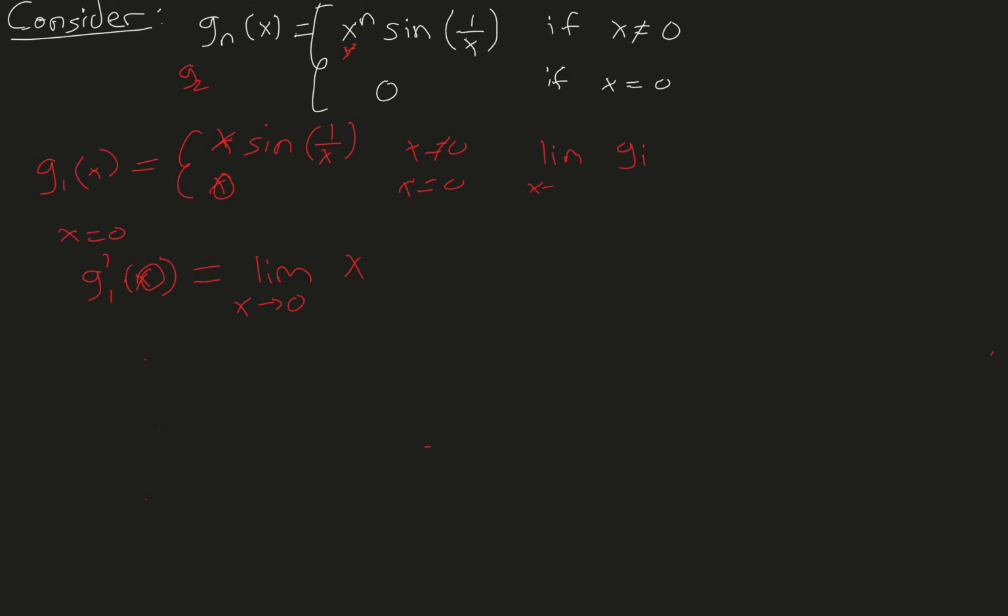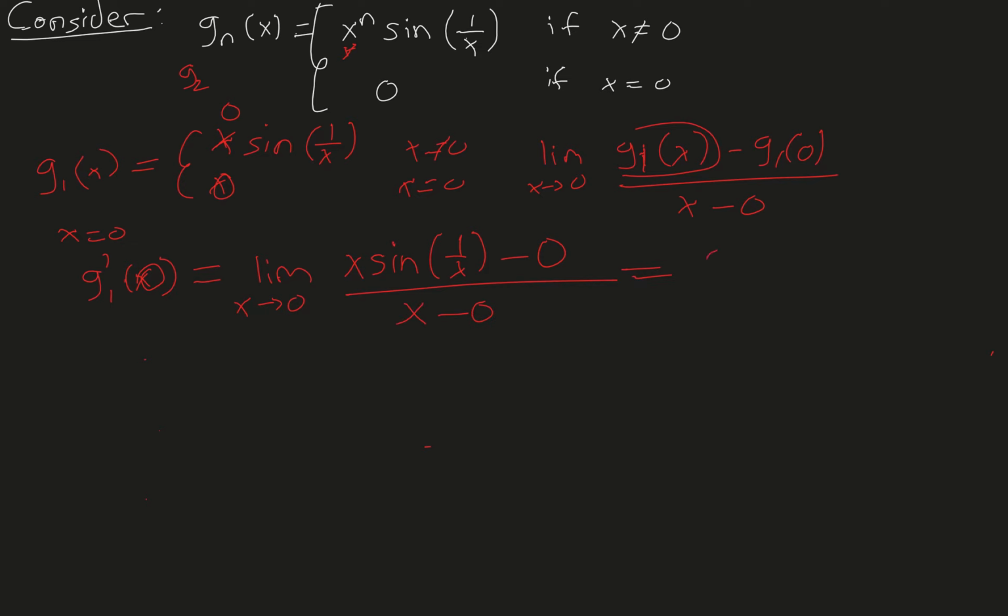This is because we want to see if the derivative exists at the point x equals 0. So g_1 of x is simply x sine 1 by x, minus g_1 of 0, which is just 0, over x minus 0.